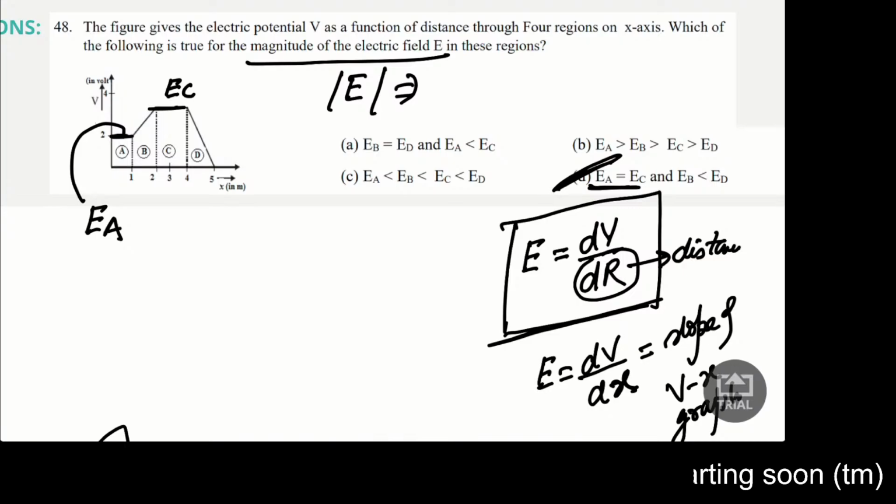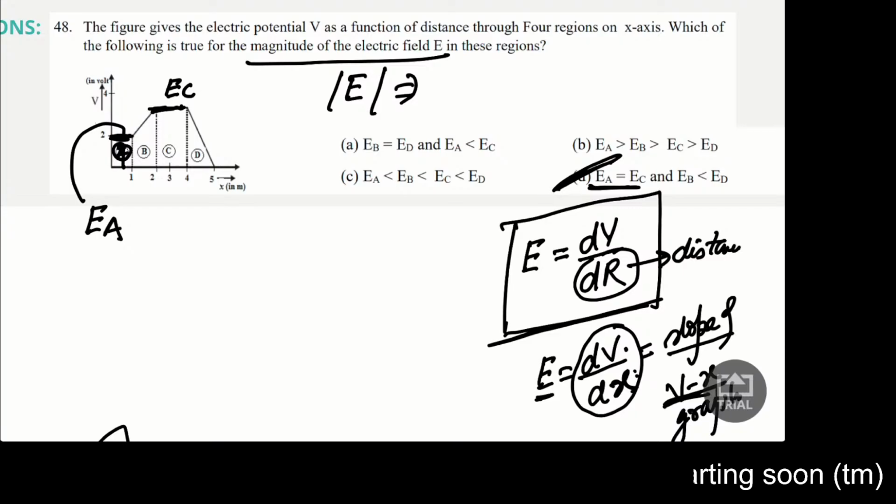Chalo, D option. Everybody got it? Half Moon, did you get it? Rohan got D. Samiksha. Simple, no, electric field is equal to the potential gradient, that is dV by dx, which is nothing but the slope of the graph. So if you see, the first slope EA and EC are the same. Slope is constant.